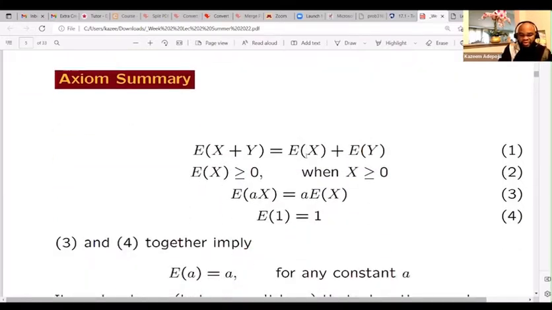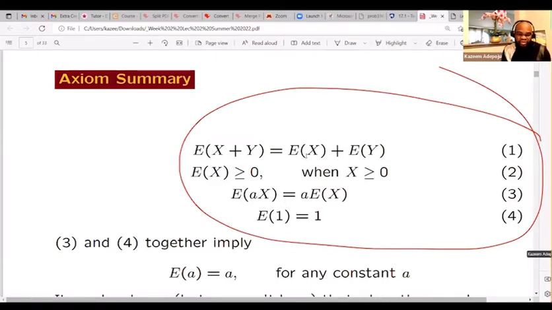If you look at axioms 1 to 4, we are actually talking about the axioms of expectation. These hold all the time. These are rules. If you're given a data set, of course, we can investigate this and establish that. Take a look at number 1, the expectation of the sum of random variables, which is equal to the sum of the expectations of the respective variables.